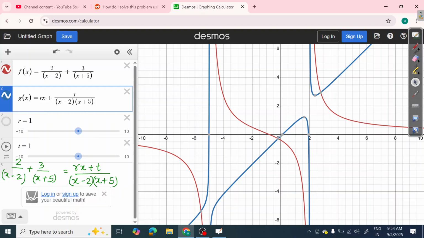Right? I'm getting two different graphs, one is the red one, the other is the blue one. Now I know both the given functions are equal, right?